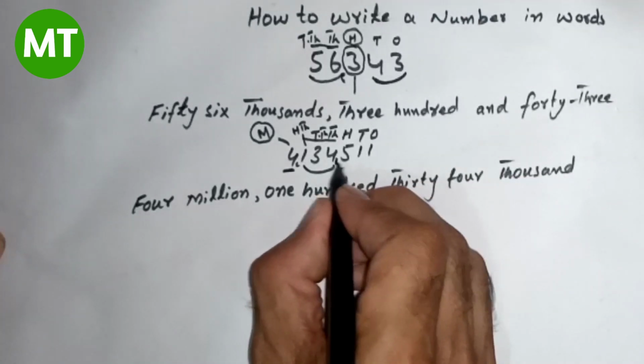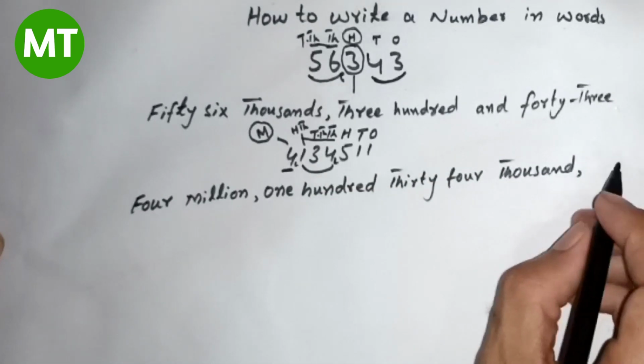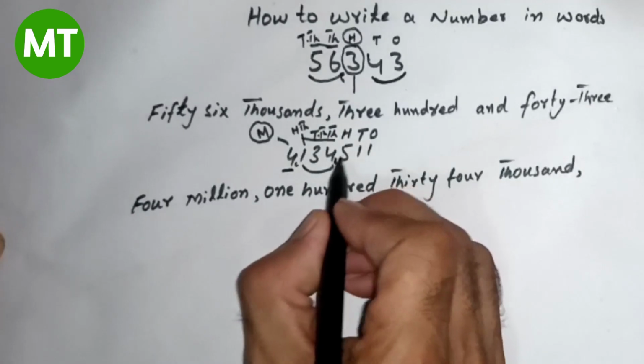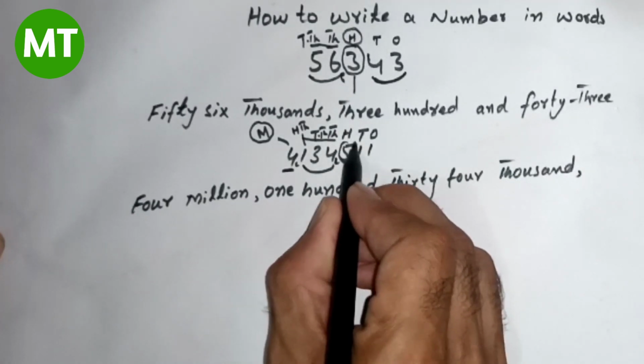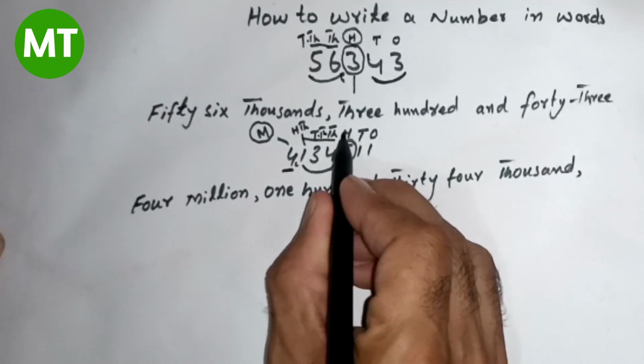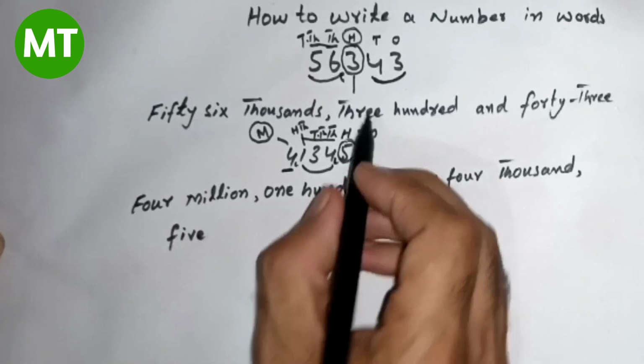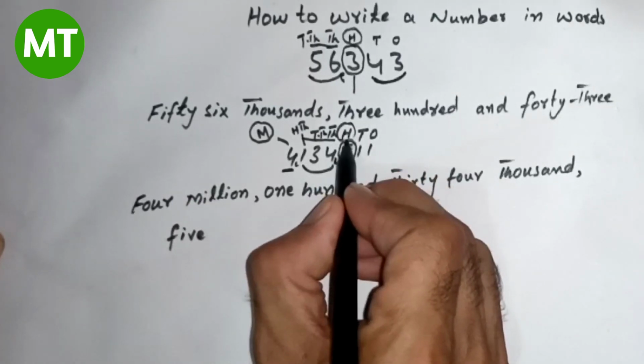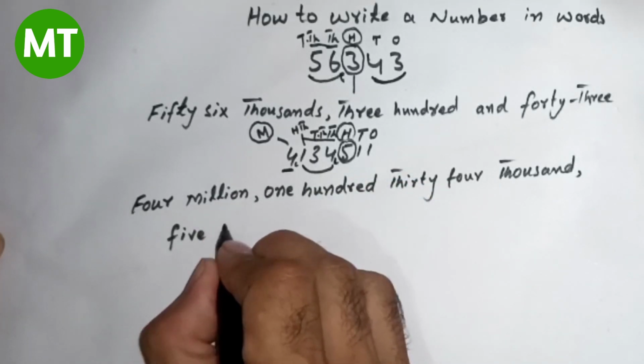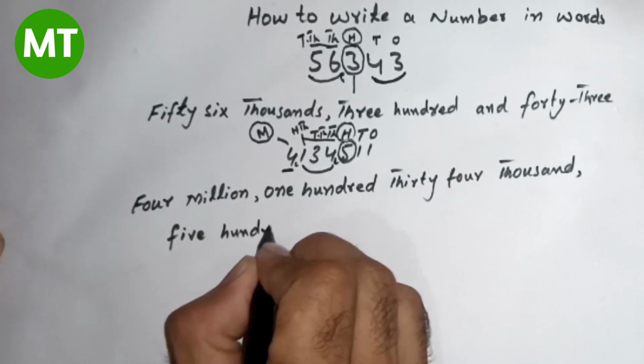Then we will put a comma. Then as we know that the 100 place value will be written as single, so this is 5. We will write 5, and now its place value is 100, so it becomes 500.